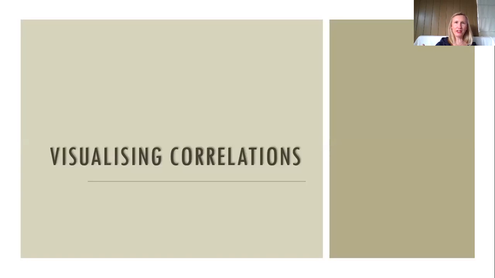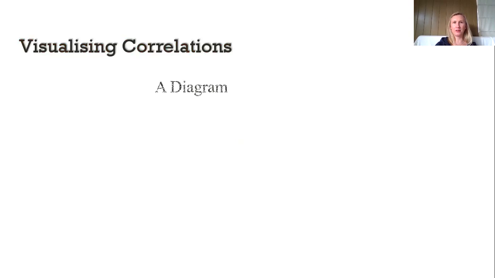Now, when I talk about putting things in a graph, this is how we can visualize or graphically display our correlations. We can do this a couple of different ways. One, as a diagram. So I've got 2 variables, let's call them X and Y. Notice they're in different bubbles, a bubble for X and a bubble for Y. Then they're joined by a bidirectional arrow, okay?